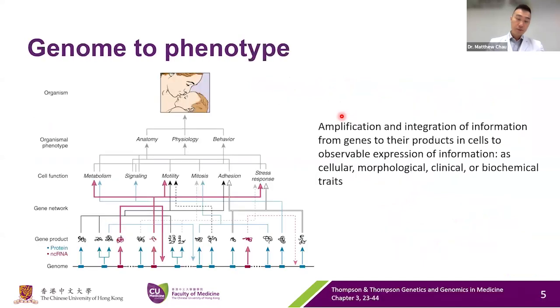And how this genetic information influences the observable phenotype is thought to be through amplification of information from the genetic code into mRNA and protein, its regulation, as well as the integration of these biological molecules, which will then form genetic networks and pathways that influence cellular function. They can be organized into organ systems that will have an effect on physiology, ultimately behavior, and the whole organism.